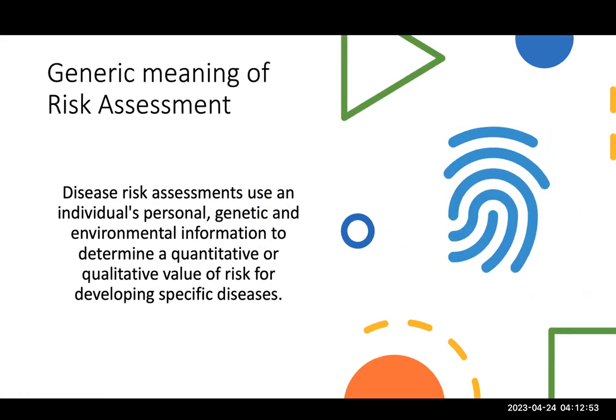The generic meaning of any risk assessment is to use an individual's personal, genetic, and environmental information to determine a qualitative or quantitative value of risk for developing specific diseases.